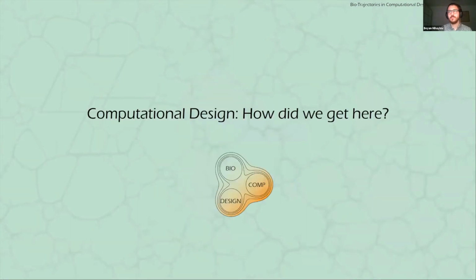So to start with, let's dive a little bit into what computational design actually is and in what ways it came to be.